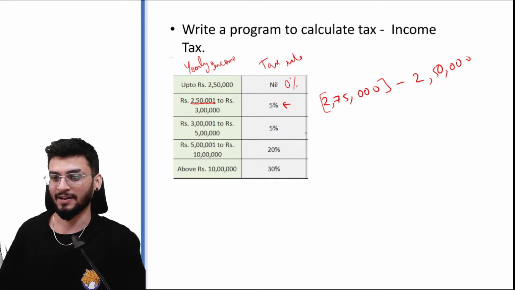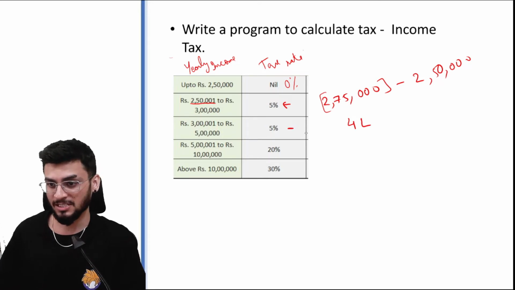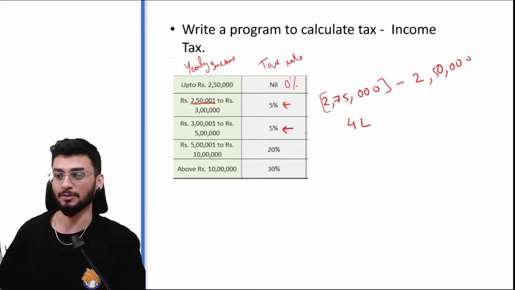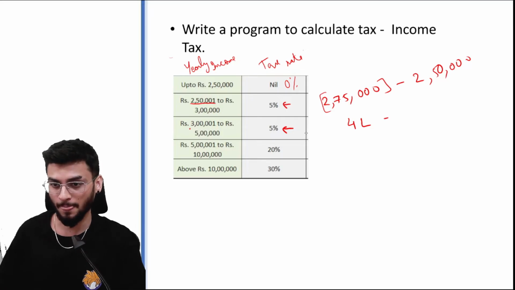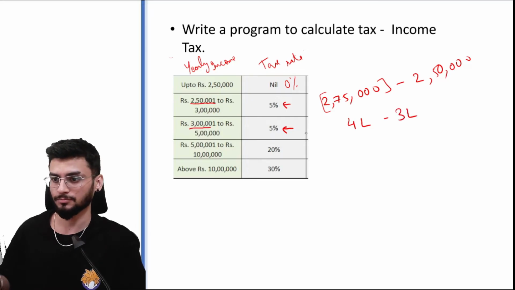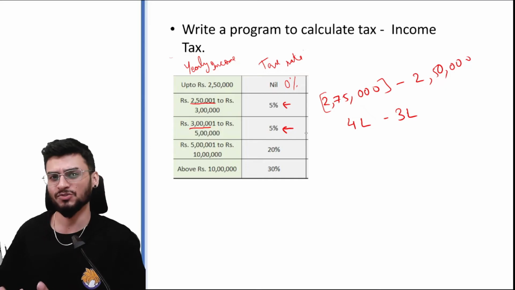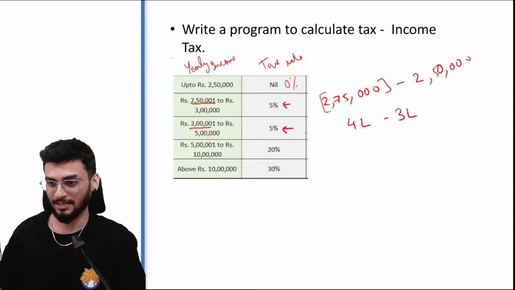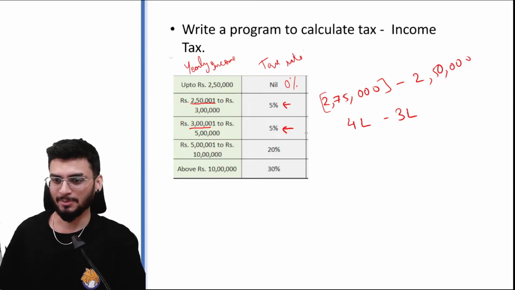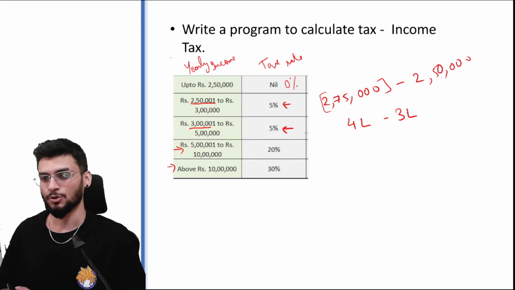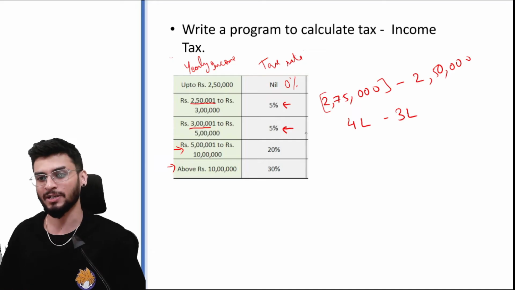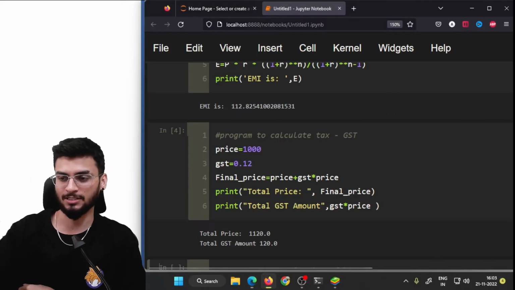Similarly, if I have income of about 4 lakhs, the tax percentage would be 5%, but the taxable income would be 4 lakhs minus 3 lakhs. So the amount of tax would be 1 lakh into 5%. Similarly, for all the other slabs, you calculate it accordingly. So how do we convert this into a Python program? So let's have a look at the Jupyter notebook.